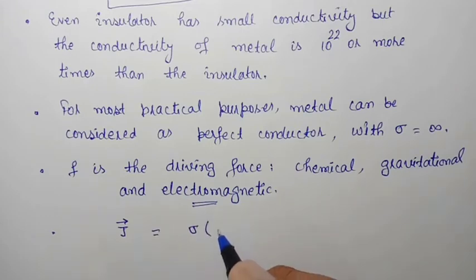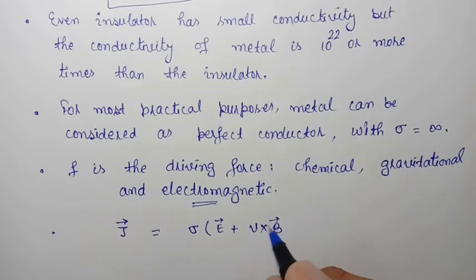So here in case of electromagnetic, the force we can write as E plus V cross B. So here this V, that is the velocity of charge, is very small, so we can ignore the second term of the equation. So finally we can write J equals to sigma E.